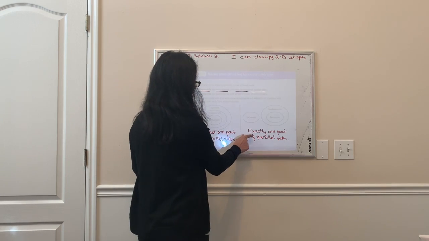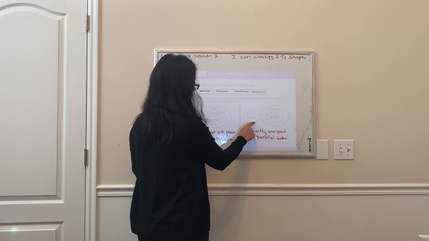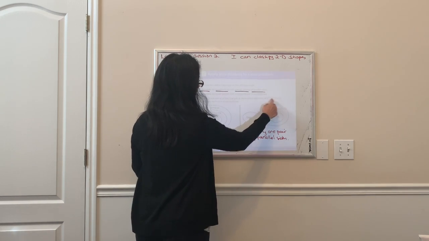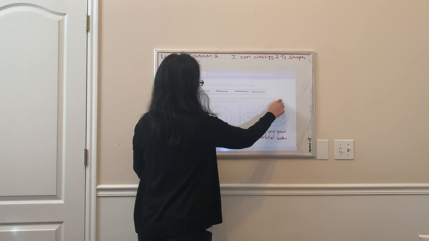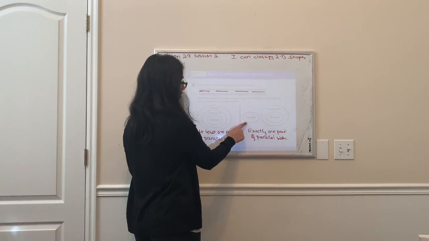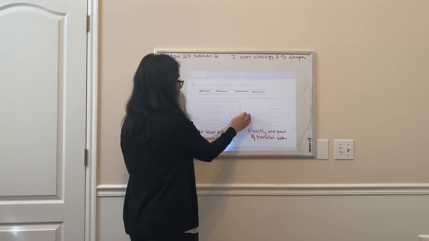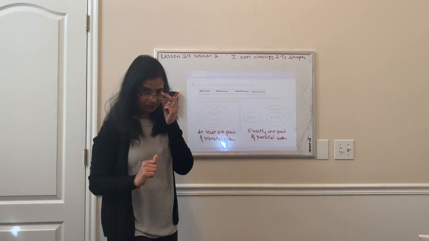But here, if we say the trapezoid has exactly one pair of parallel sides, it can't be around here because these have more than one pair of parallel sides, and this has exactly one pair. So it has to be an oval separate from this one. Okay?